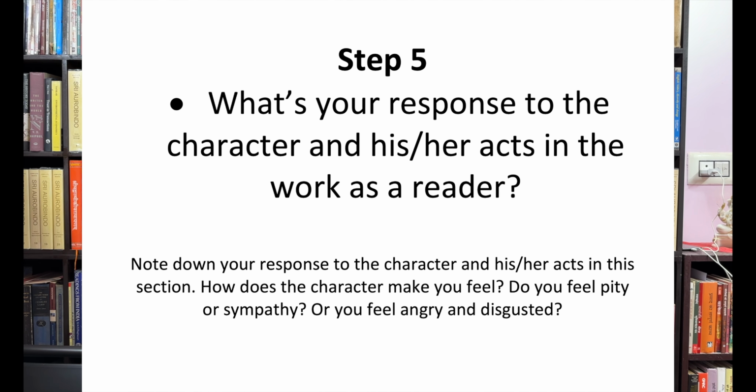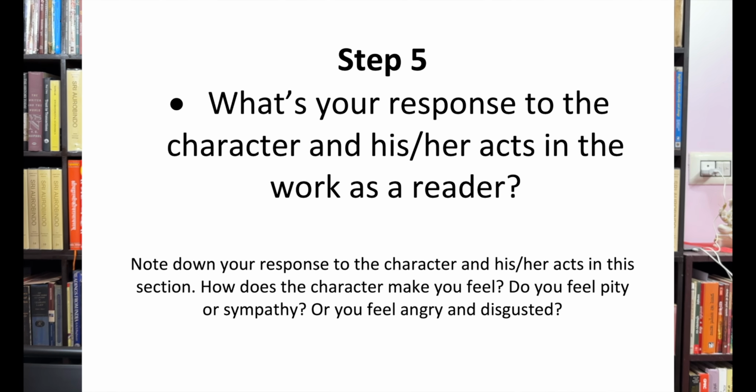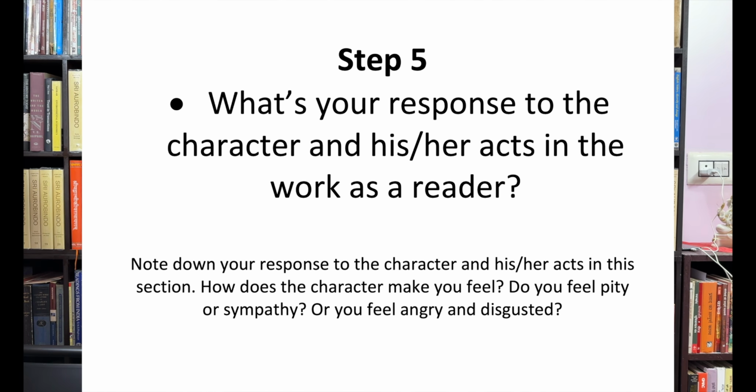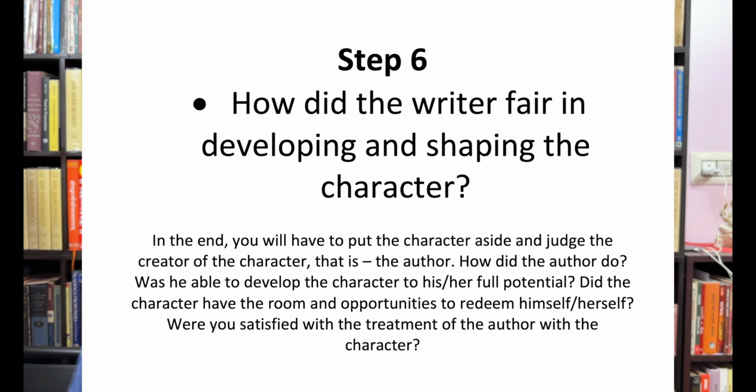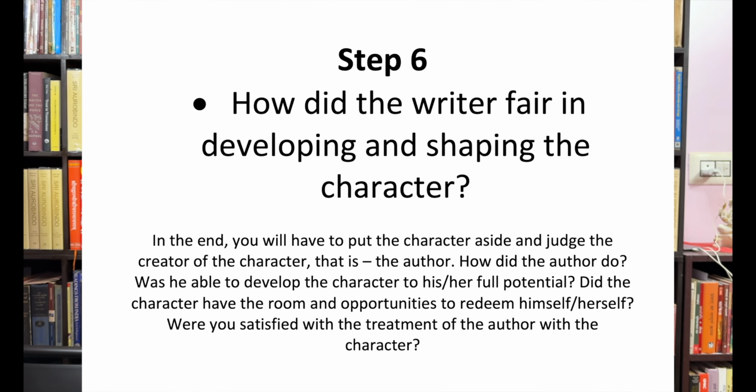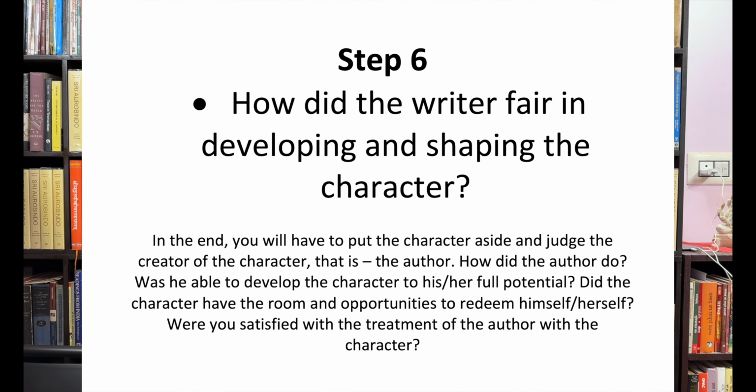So you'll put everything about your personal assumptions or personal opinions about the character in that section, and in the end you will put how successful the author of this literature has been. Has he been successful in giving the character a space to develop fully, or has he limited the scope of changes? Has he limited the scope of actions in the character?